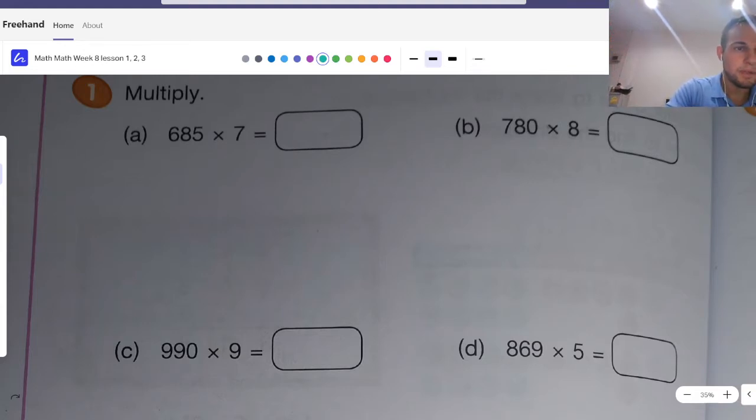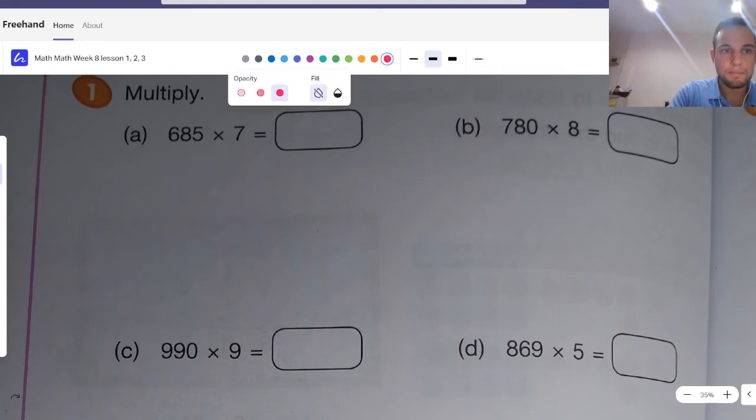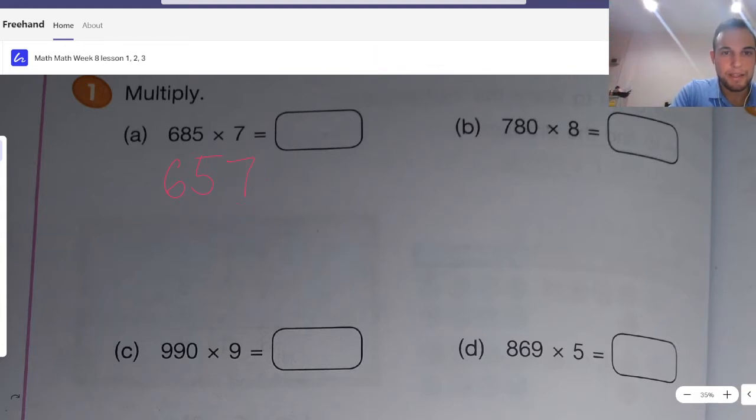Let's change our color. Okay. Yep, there we go. So let's write it vertically, like I explained last time. It's 685 times 7.